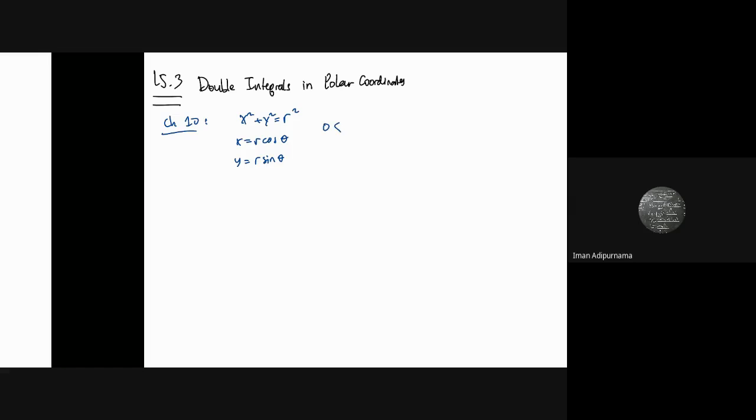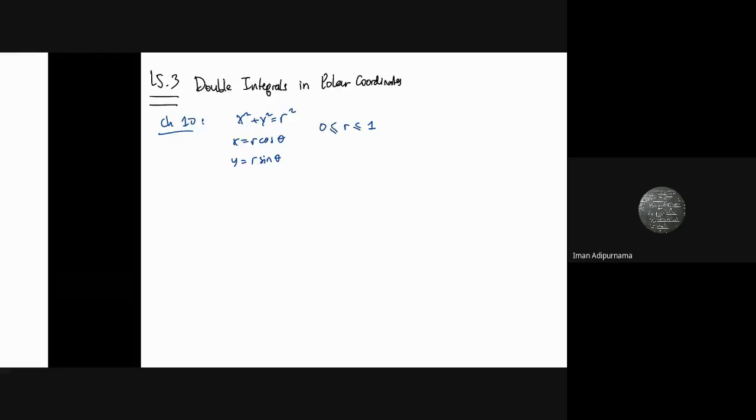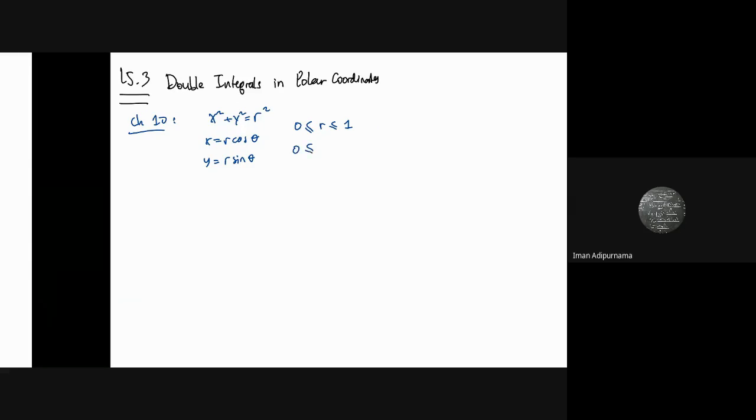And the r will be, if we have the unit r, okay, and then this is 1, 1, 1, 1.